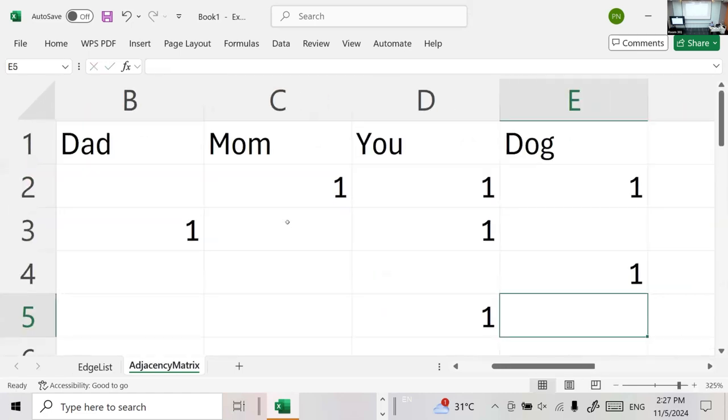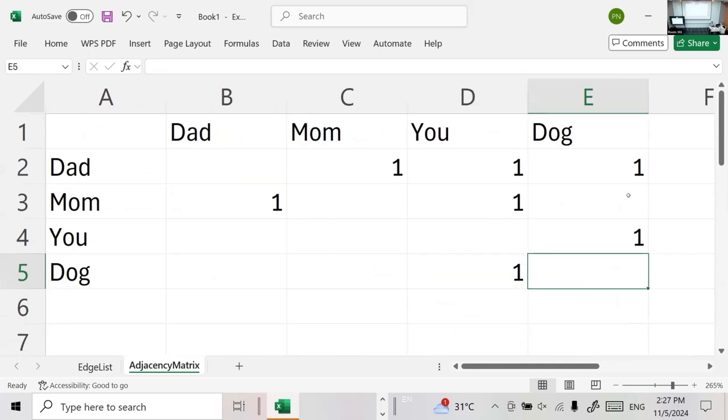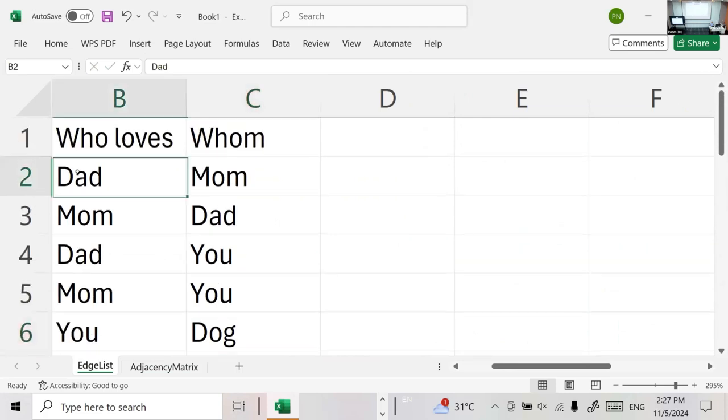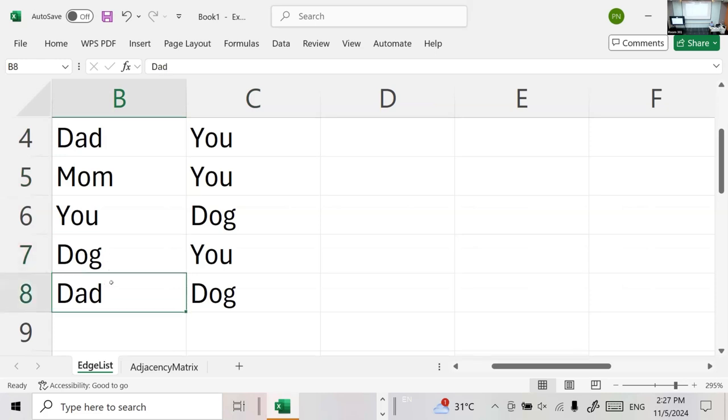Okay. So notice what happened here. In this case, how many lines do I need? 1, 2, 3, 4, 5, 6. Why do I need 6 lines? Because each line contains an edge, right?